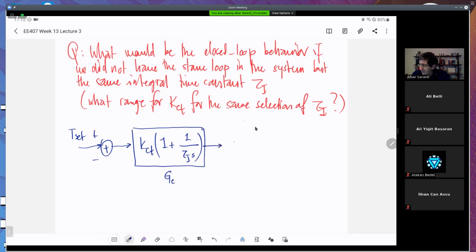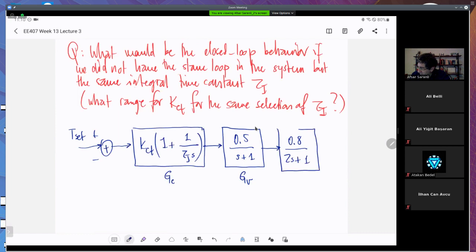And I have my valve 0.5 over S plus 1. So this is the original valve, and the original plant 0.8 over 2S plus 1. And we have the system output.